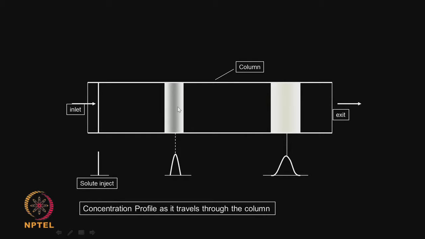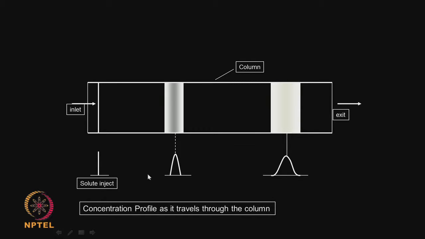Many things can happen, different types of non-bonded interactions between the solute molecule in the liquid phase and on the solid phase. Slowly they start spreading out, and finally it comes out like a Gaussian peak, a normal distribution, at the end.